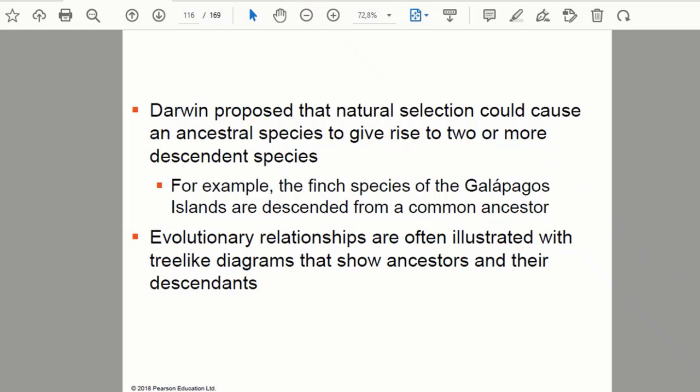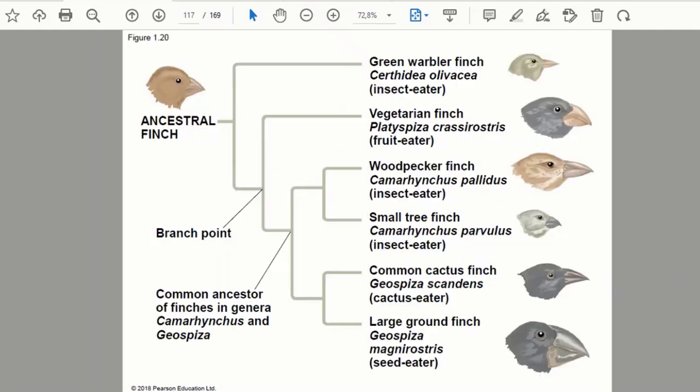You will note this further when you continue your studies: in genetics there is what you call a phylogenetic tree, where you explain where the subject you are studying comes from.